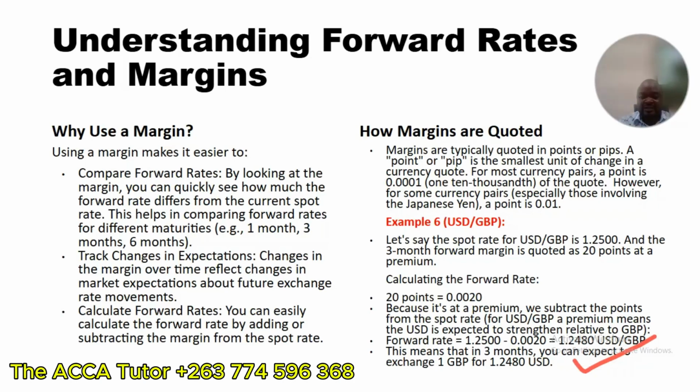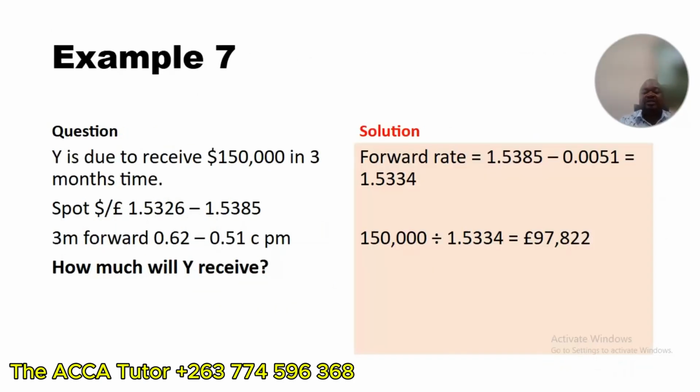As simple as that. Let us do this example. Y is due to receive $150,000 in 3 months' time. The current spot rate, that is the exchange rate today, is $/pound 1.5362 1.5385.